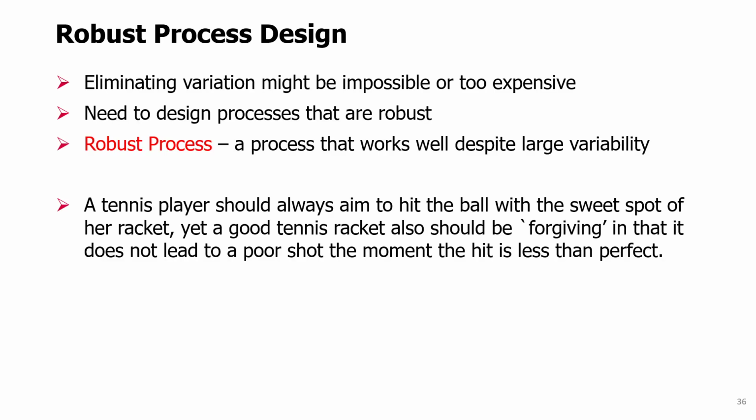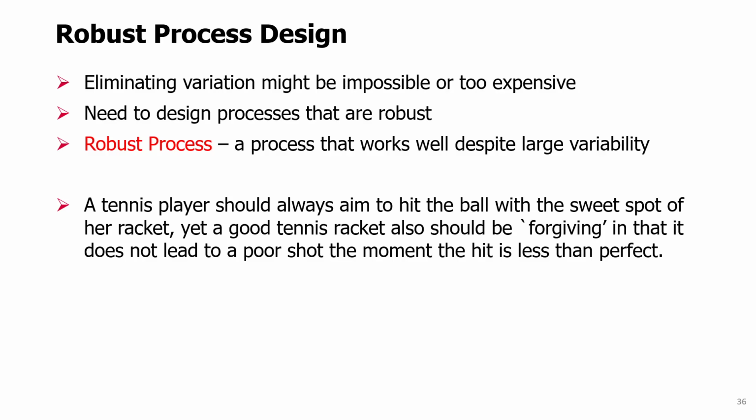Robust process design. In quality management, we should always try to reduce variability or even eliminate it if we can. But at some point we reach a situation where it is just too expensive or maybe even impossible to reduce variability further. And in this case, we might discover that the alternative is attractive.